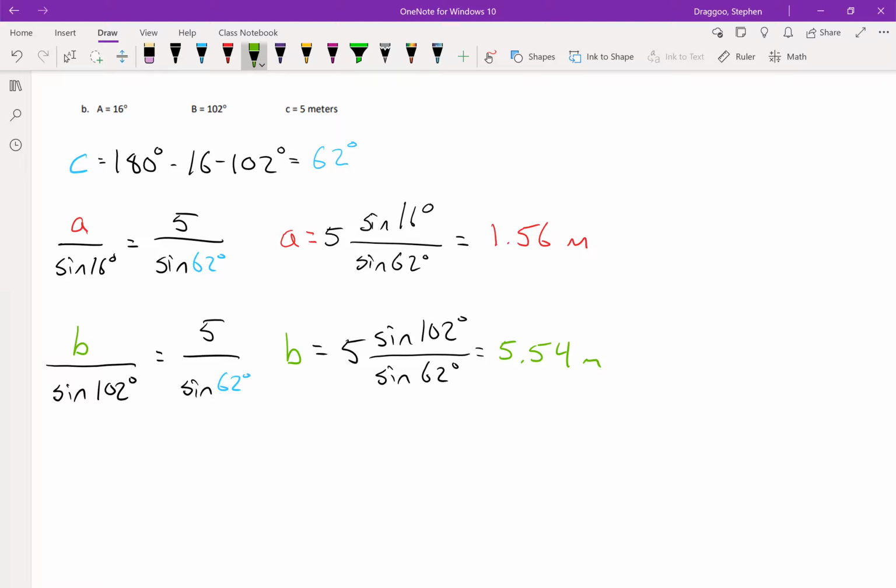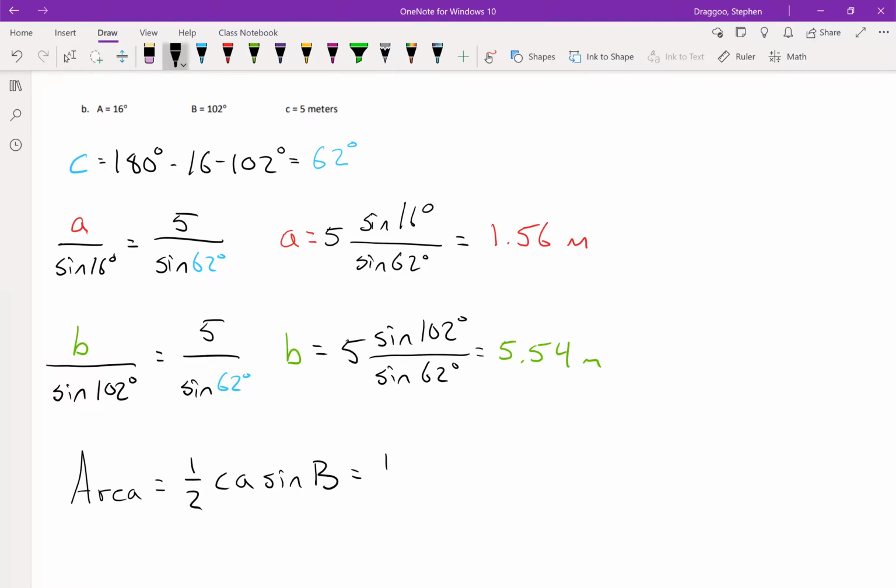And then lastly, we'll want to get that area, where we'll use any one of the area equations that we like. But let's choose one that involves side C, since we're given side C in the beginning. So how about CA sine of B?